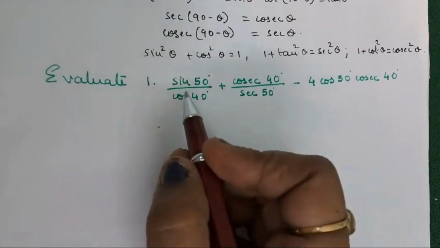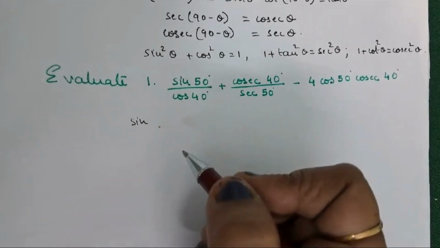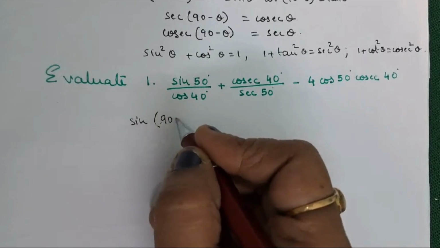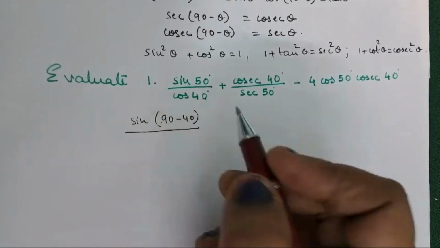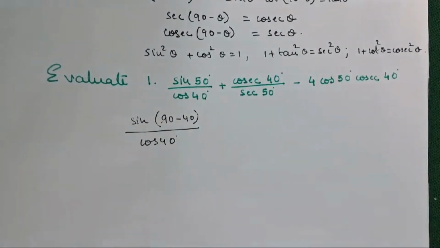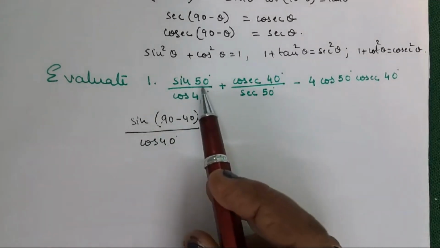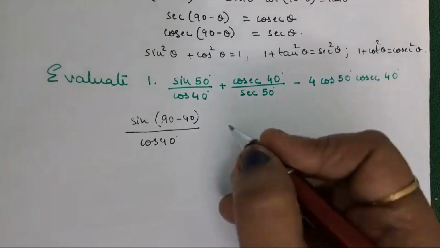For example, in the first term, sin 50 degree is more than 45, so we write 50 as 90 minus 40. And this cos 40 is less than 45, so we don't change it, we keep it as cos 40.